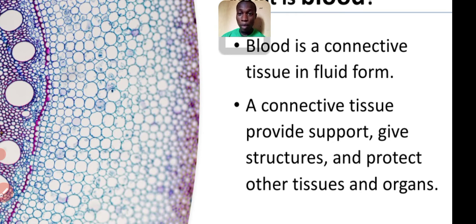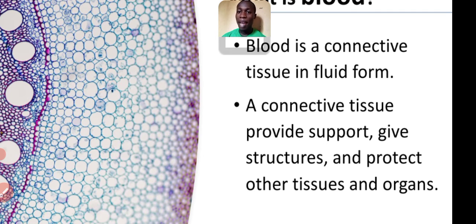A very important thing you should know is that the reason our blood is a connective tissue is that it contains a matrix. For short, the matrix portion of the blood is the plasma.